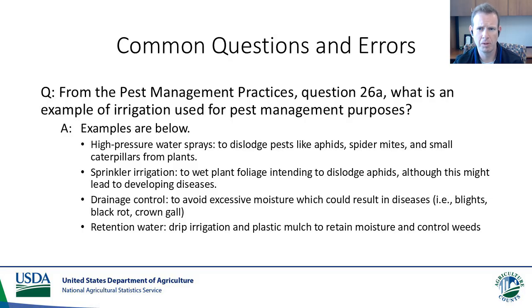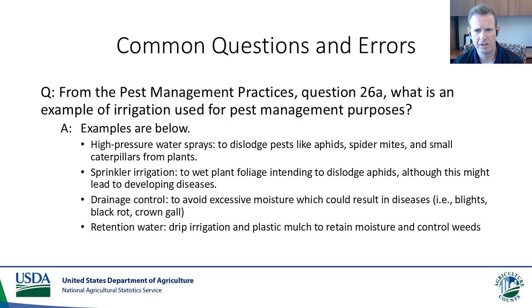So some common questions and errors. Here's a question from the Pest Management Practices, question 26A. What is an example of irrigation used for pest management? Examples are below. You can go ahead and read those. High pressure water sprayers, maybe to dislodge pests.